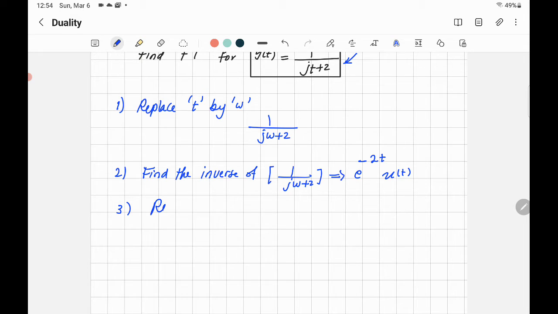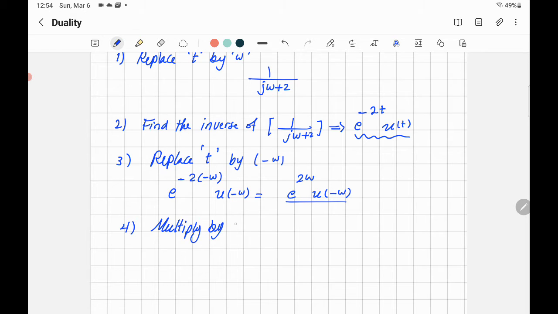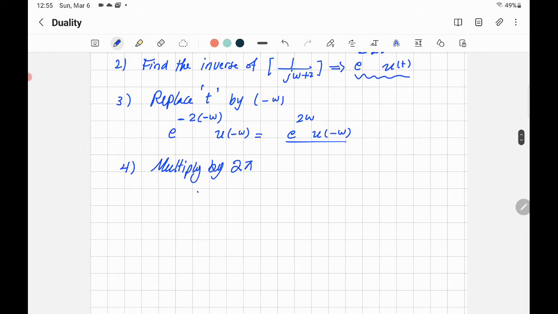Third, replace t by negative omega in the expression you got from the inverse. So I'll say e to the negative of 2 and t replaced by negative omega, that will be equal to e to the 2 omega u of negative omega. Last step, multiply by 2 pi, and that will be the final answer.